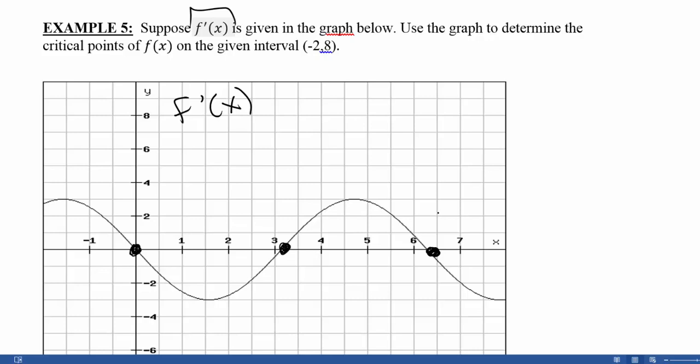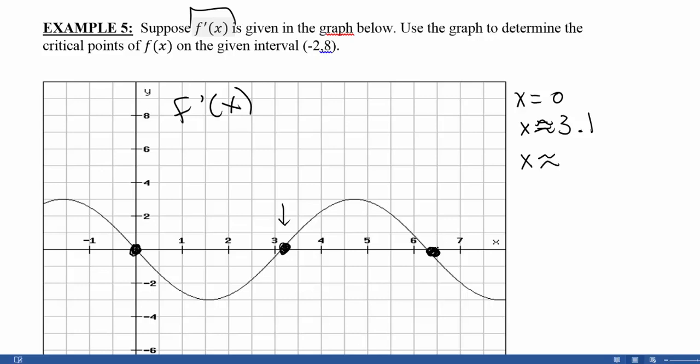And these are the points, therefore, where the original function, f of x, is going to have critical points. So there's 3 of them. The first one is at x equals 0. The second one is at x equals approximately 3.1.